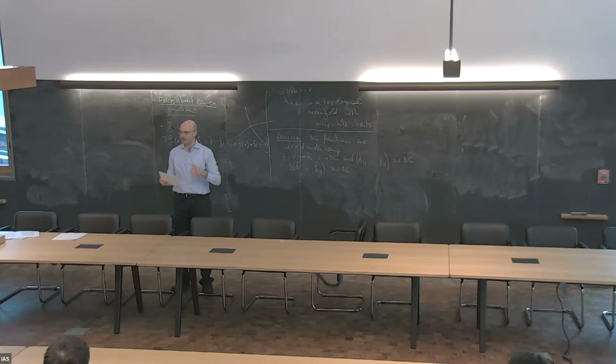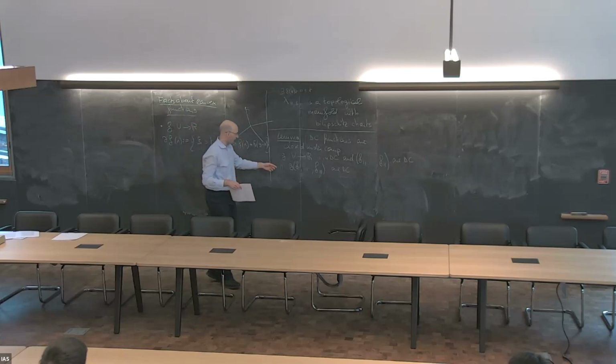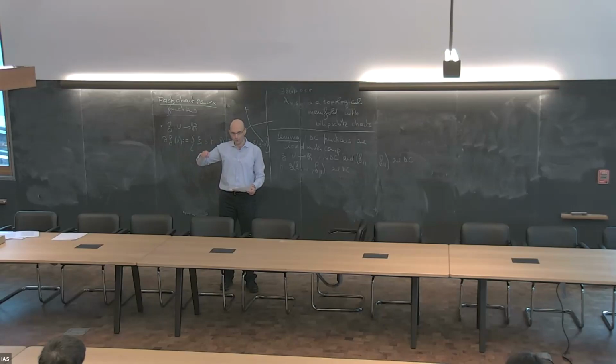In 1D it's obvious, because as soon as I know that the second derivative is a Radon measure, I decompose it into positive and negative parts, and I integrate. So I just need to show that G composed with F has a second derivative which is a Radon measure, and that's relatively easy. When you differentiate, you find G prime of F times F prime, and then G second of F times F prime squared, plus G prime of F times F second.